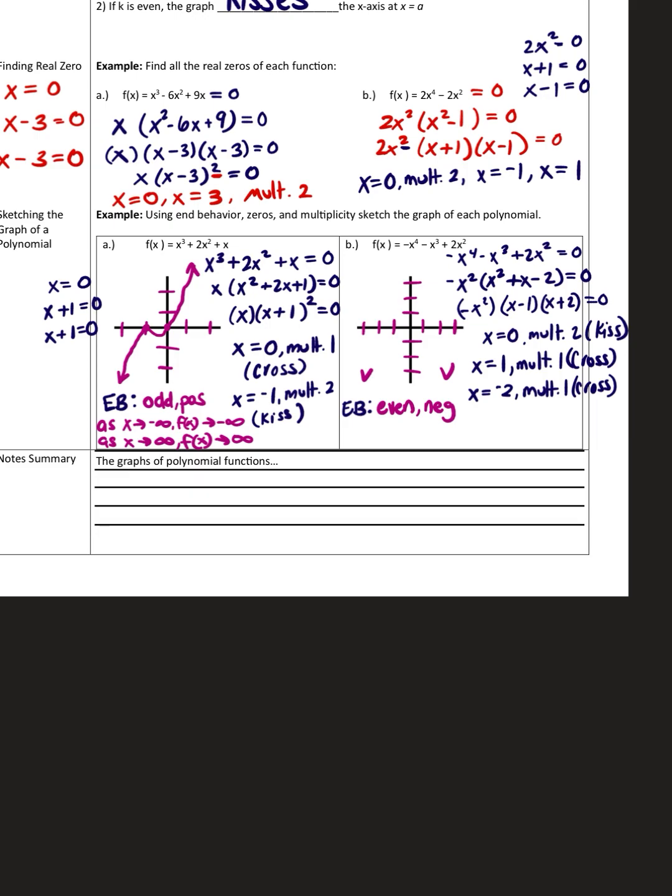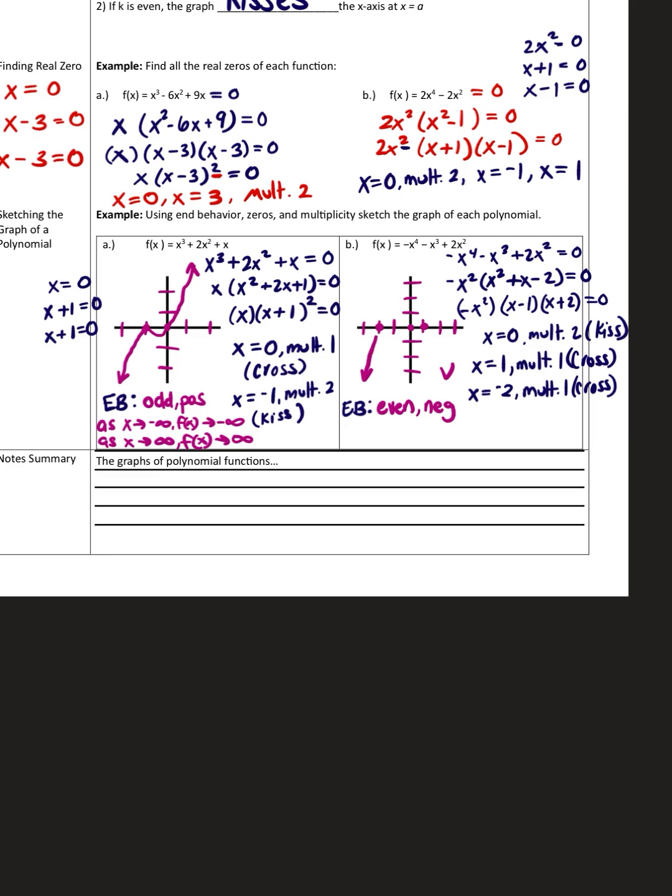It has a multiplicity of 2 at 0, so that means it's going to kiss the graph there. It has a multiplicity of 1 at negative 2, so it's going to cross there. And then it has another multiplicity of 1 at positive 1, so it's going to cross there too.